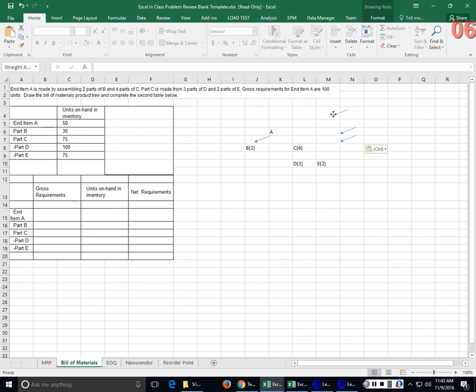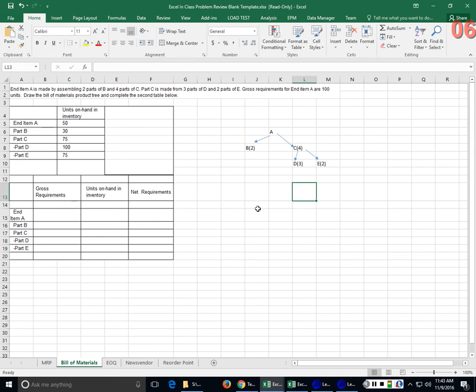So A looks like this, and C is made up of the 3 Ds and the 2 Es.